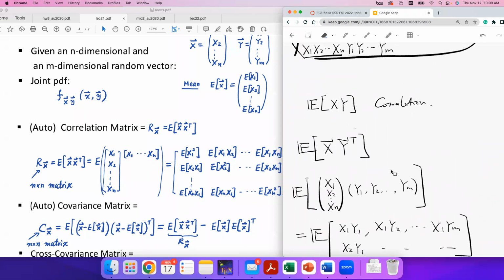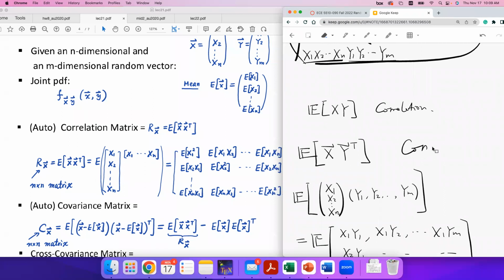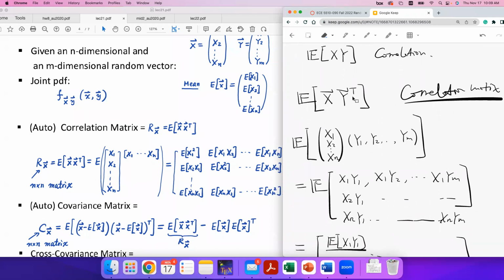So we call this the correlation matrix, between two random vectors. If each random vector only involves a single random variable, x1, y1, then this matrix will only involve the first term, which reduces to the correlation definition of a pair of random variables.